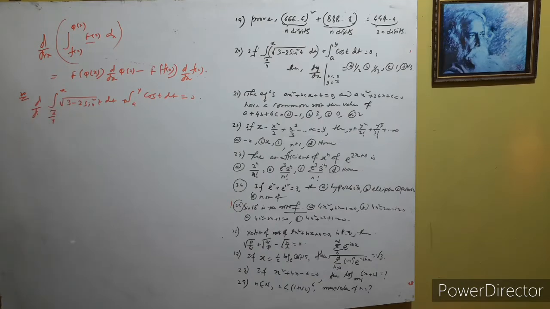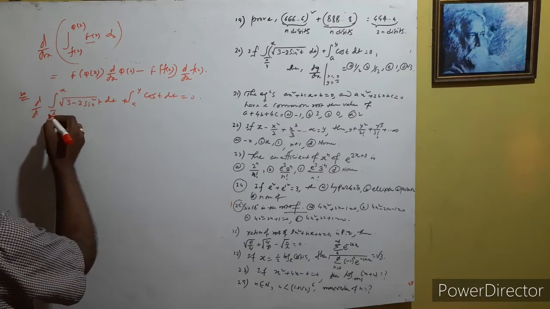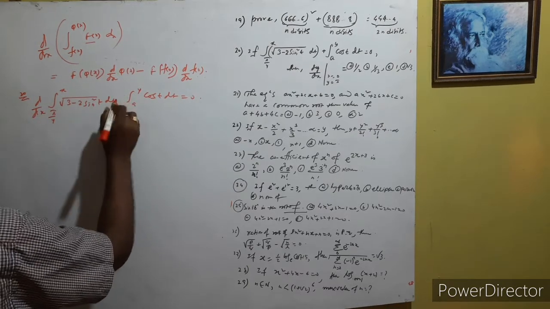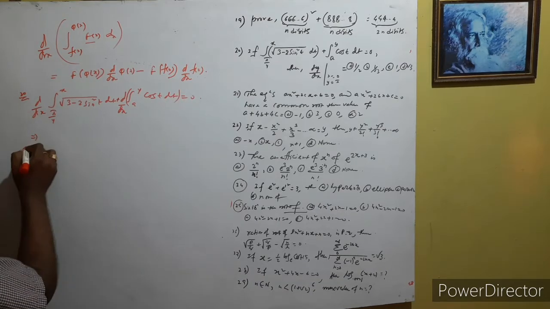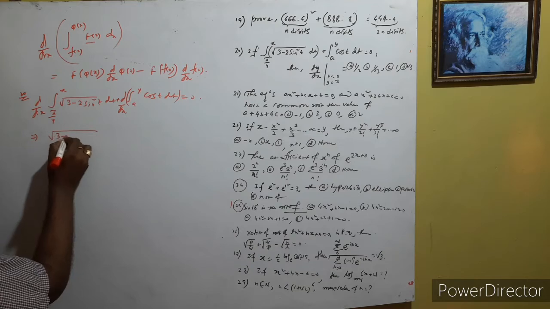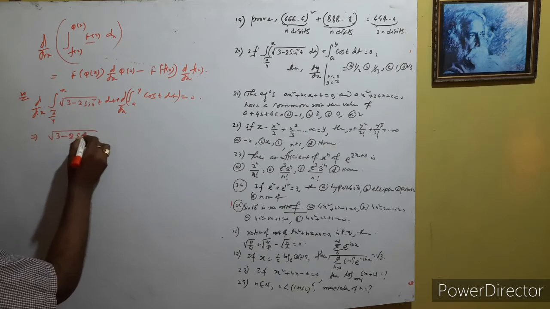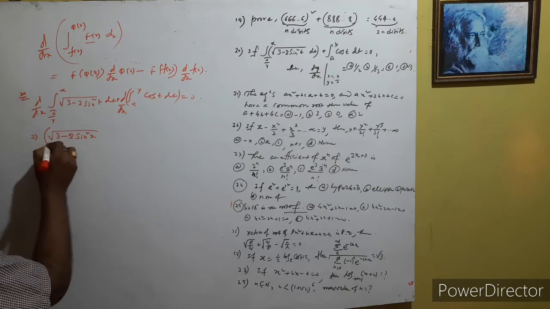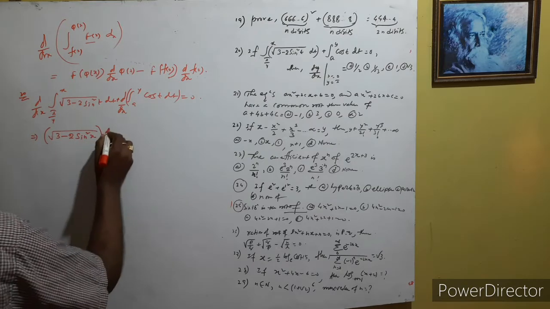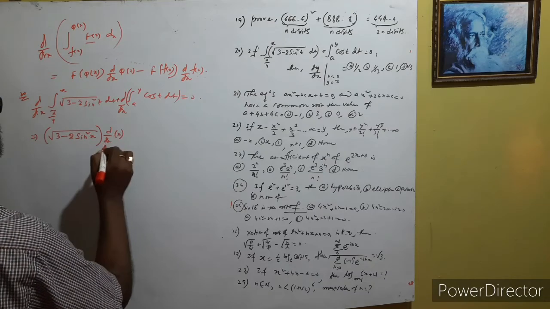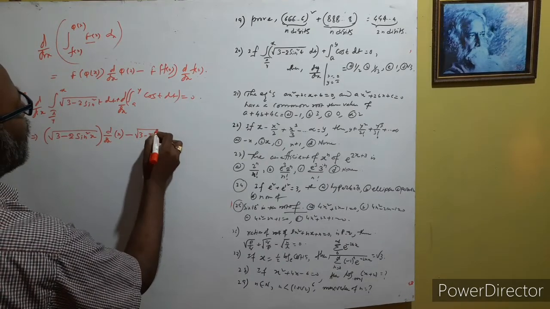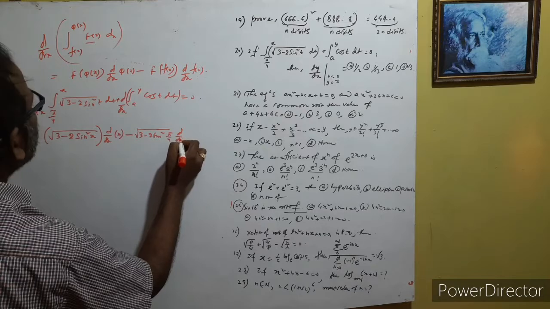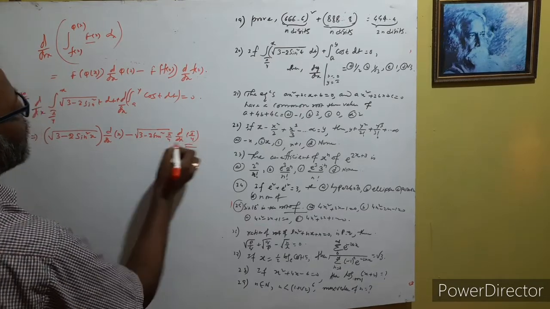Now we have to find dy/dx. So d/dx gives under root (3 minus 2 sine square x) into d/dx of x, minus (3 minus 2 sine square pi by 4) into d/dx of pi by 4. This is constant, so 0.